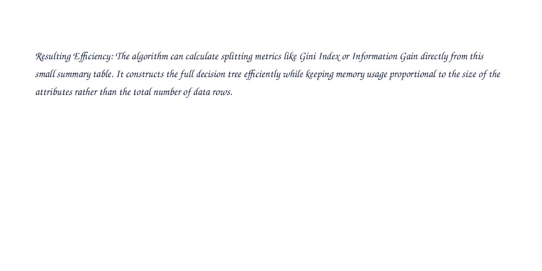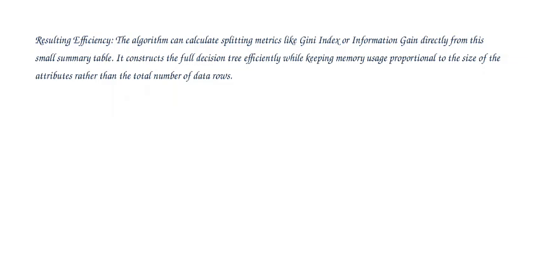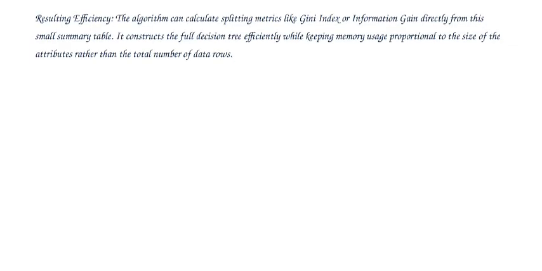The resulting efficiency: the algorithm can calculate splitting metrics like Gini index or information gain directly from this small summary table. It constructs the full decision tree efficiently while keeping memory usage proportional to the size of the attributes rather than the total number of data rows.